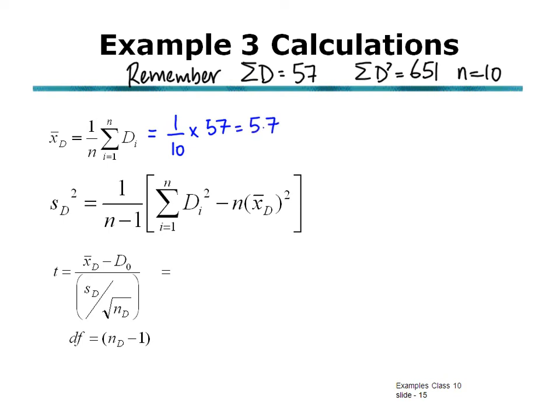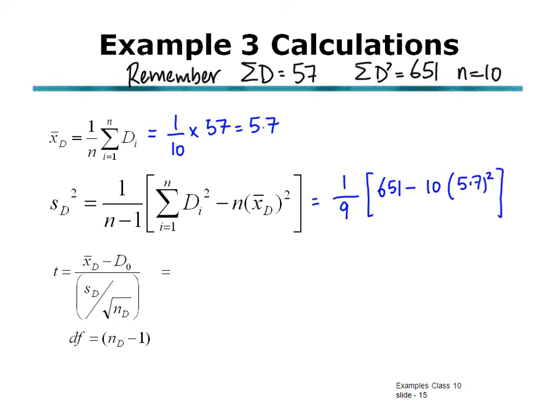Now, to find the standard error, we begin by finding the standard deviation squared for those differences, using the variance formula, 1 over n minus 1. Now remember, n is 10, so we have 1 over 9, multiplied by the sum of the D squares, 651, minus n, which was 10, multiplied by the square of the mean difference, 5.7 squared.